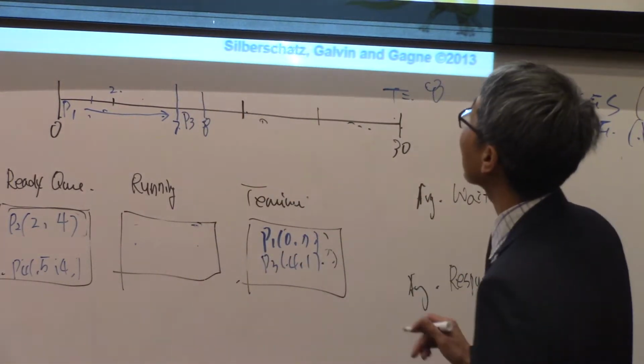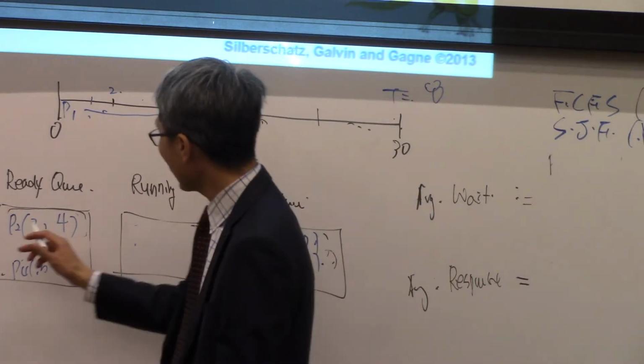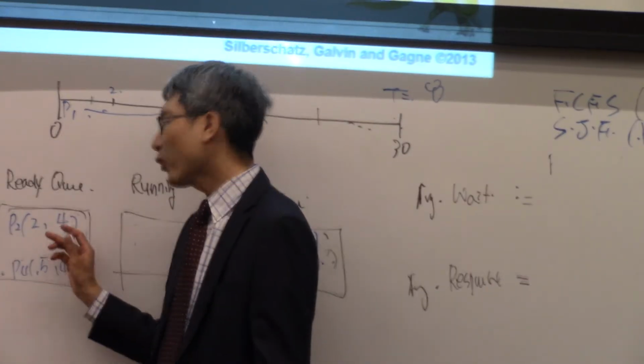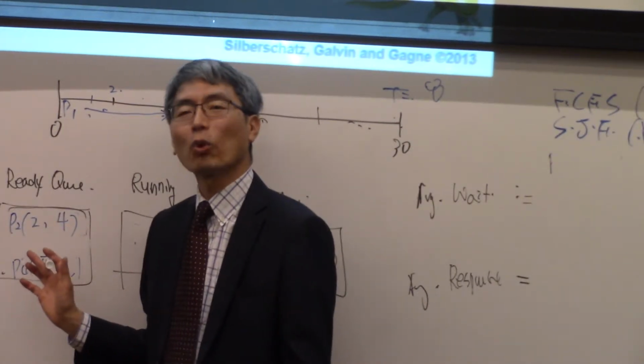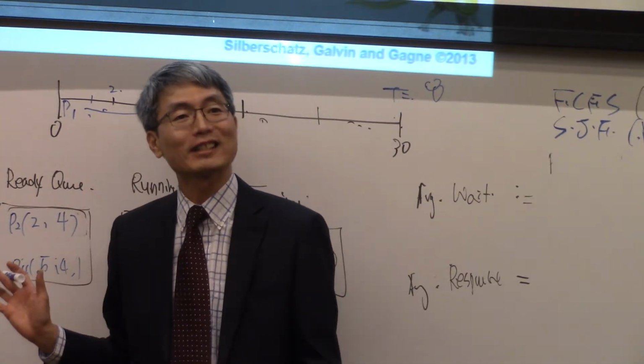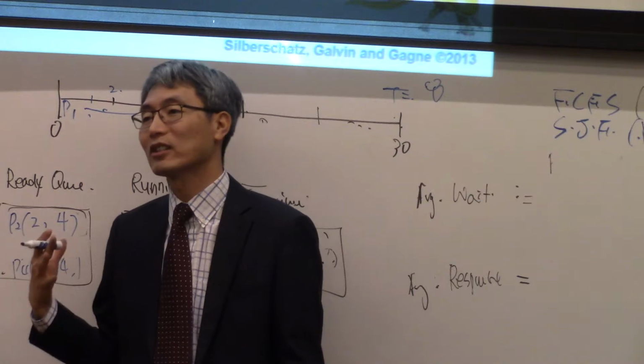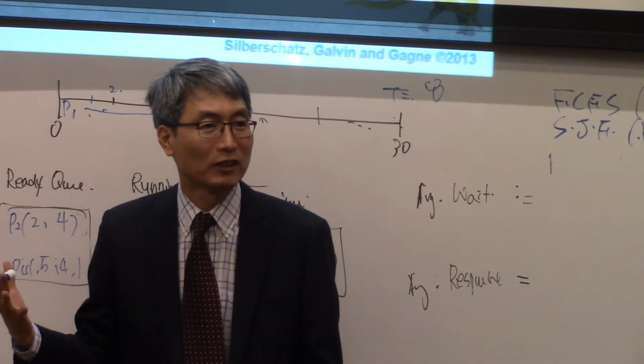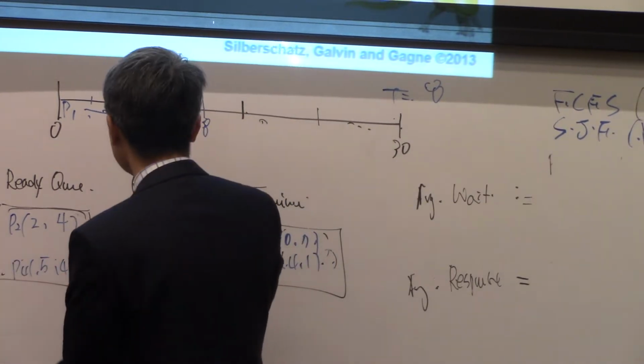Next, at time 8, P2 and P4 are both the same. So you can always have a tie-breaker rule, and usually the tie-breaker rule is the simplest one. In our case, we are going to use first come first serve, the arrival time. So P2 is selected.